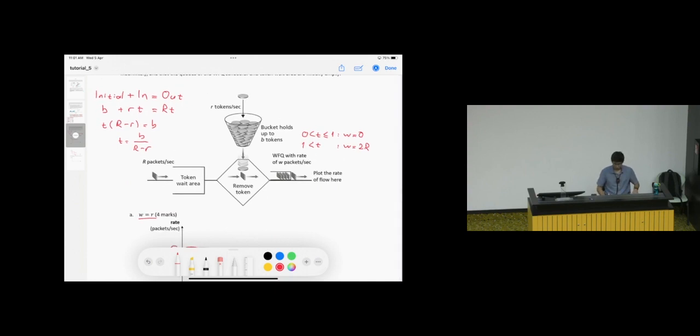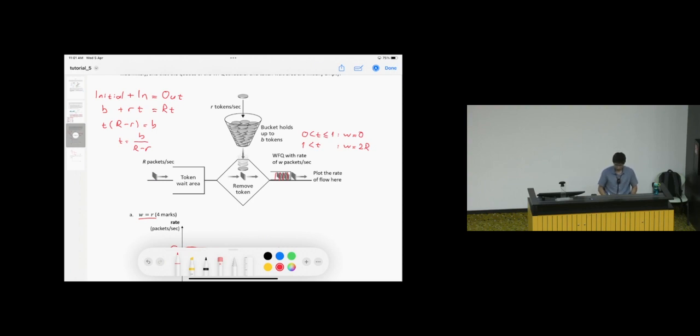So now let's think one by one what happens in both of these intervals. What queues are filled, what tokens are emptied, and so on. So when we start at 0 output rate, 0 rate assigned by the WFQ, I'm going to have some packets accumulating in here, right?